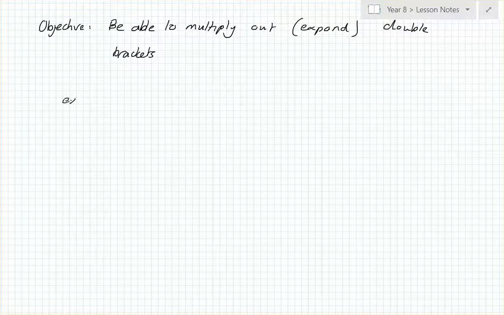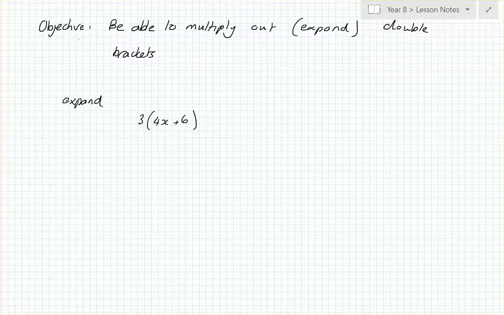So if I said to you, expand 3 lots of 4x plus 6, who is happy they would know how to do that if I asked you? Right, most people. I'm going to pick the ones that didn't have their hands up now. I don't want to put it into 2 brackets.